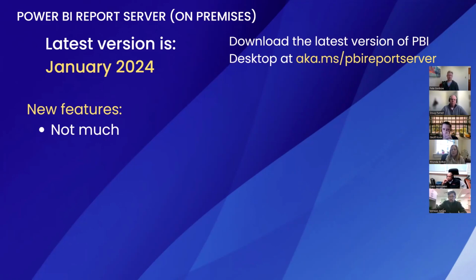Usually there's 3 updates a year, every 4 months, and they tend to be pretty small updates. My perception is that Power BI Report Server continues to fall farther and farther behind the Power BI Cloud. So when they get a significant update, I'll certainly let you know about it. But most of the updates these days are around formatting changes and things like that. They're not very significant.